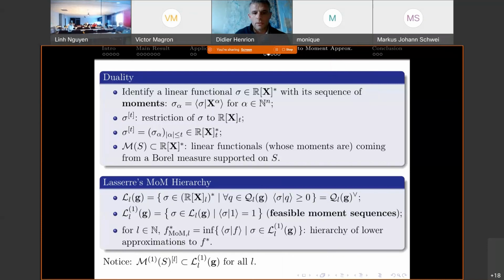Okay, you mean linear functionals then? And coefficients, yeah, coefficients of linear functionals. But that's not necessarily what people call moments, at least in the papers I'm reading. There could be coefficients of distributions, but not necessarily moments.